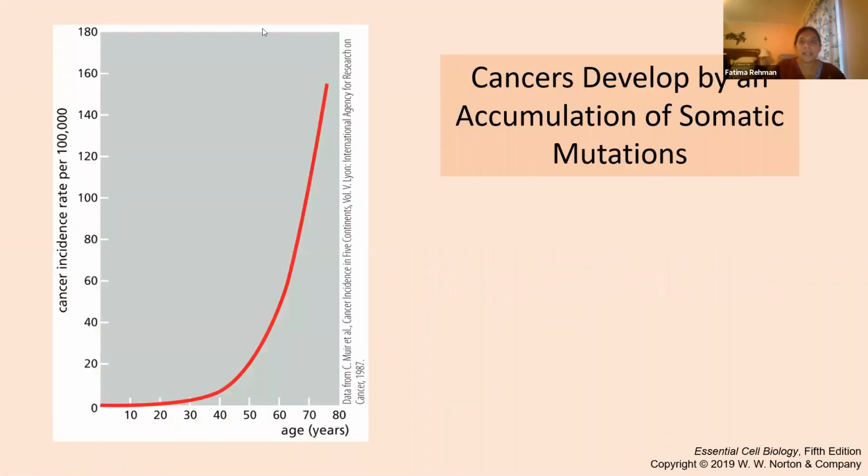So how do these cancers happen? Well, most of these cancers are not actually genetic disorders. Only about 1 to 5% of cancers, depending on the type, happen because of genetic history for that cancer. The majority of our cancers are through somatic cell mutations.